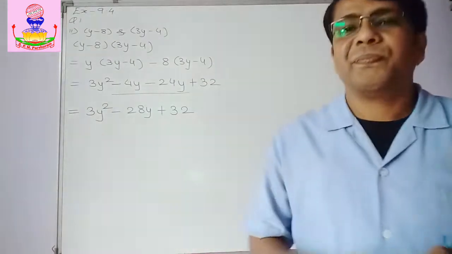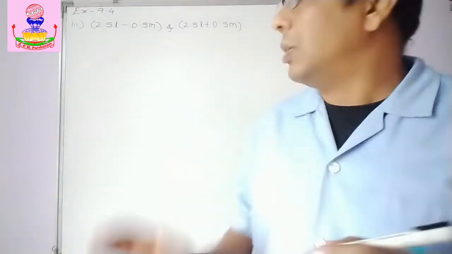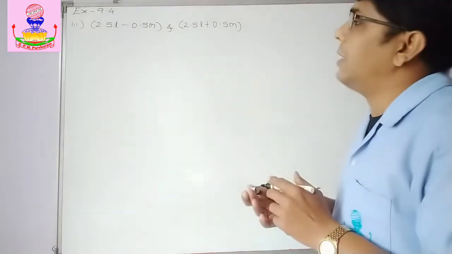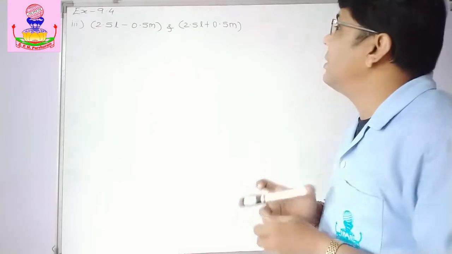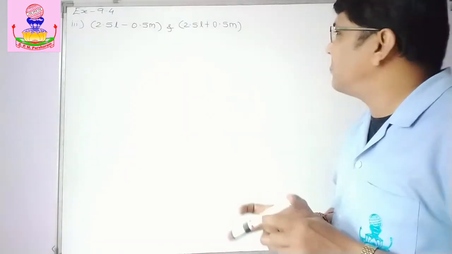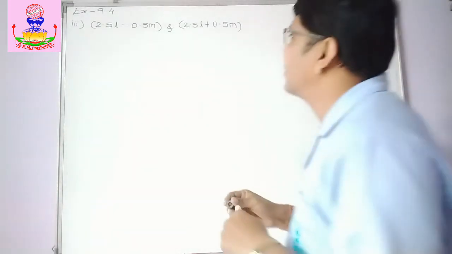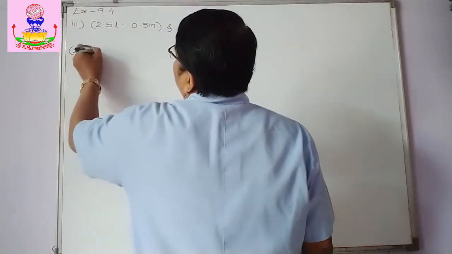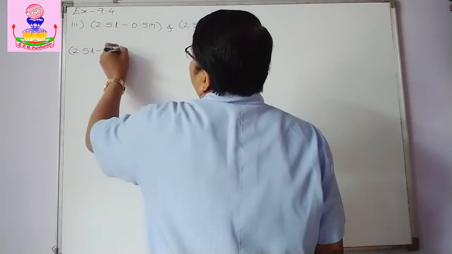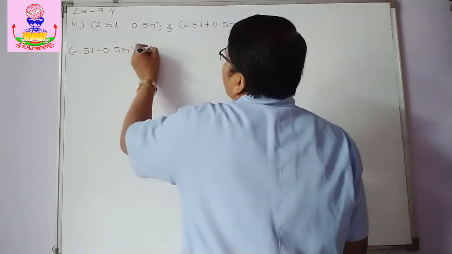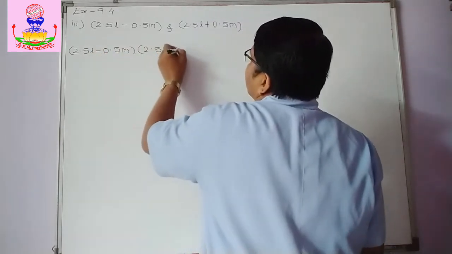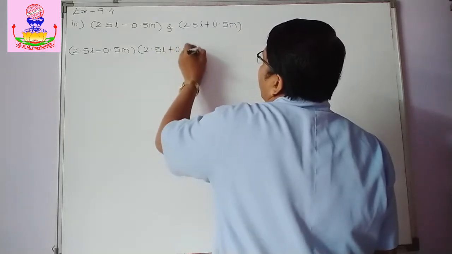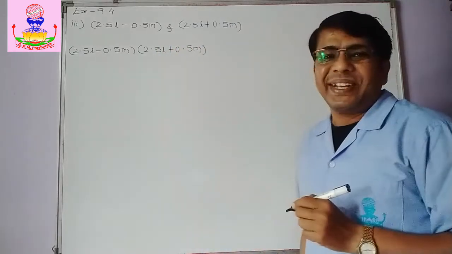Now next example. So now third example, 2.5L minus 0.5M and 2.5L plus 0.5M. Okay, so 2.5L minus 0.5M multiplied by 2.5L plus 0.5M.